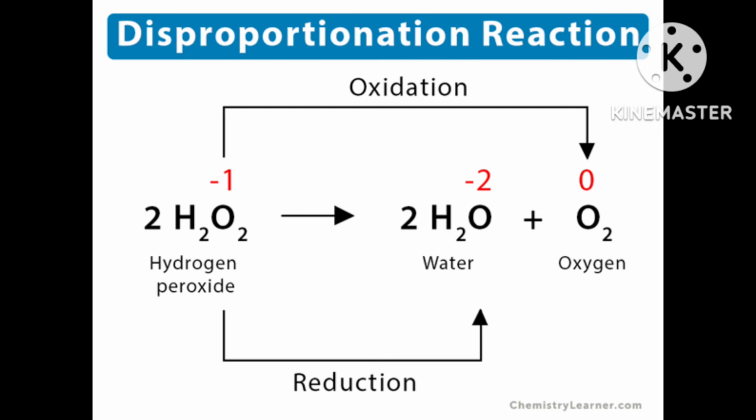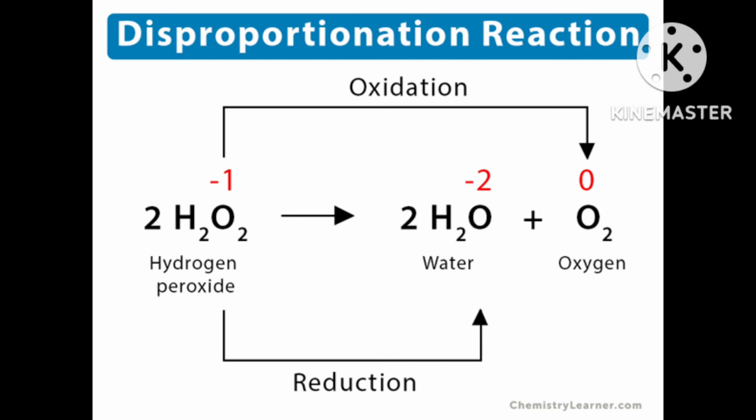The products are water and oxygen: in oxygen it is 0, the lowest, and in H2O it is -2. So in total the reaction has 3 oxidation states: -1 in the reactant, and -2 and 0 in the products. This type of reaction is called a disproportionation reaction. Now you can see another example.